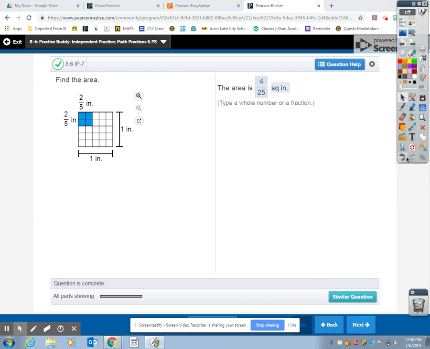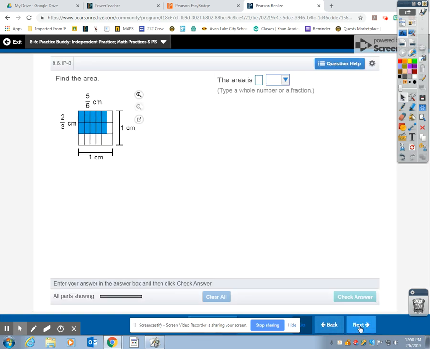So you guys are basically going to be doing problems very similar to this. Here's another one. It's 5/6 times 2/3. This is one that we're going to try and simplify and see what happens. I take my length, which is 5/6 centimeters, and multiply it by my width, which is 2/3 centimeters, and I get 5 times 2 is 10, 6 times 3 is 18, and when I reduce that, I should get 5/9.